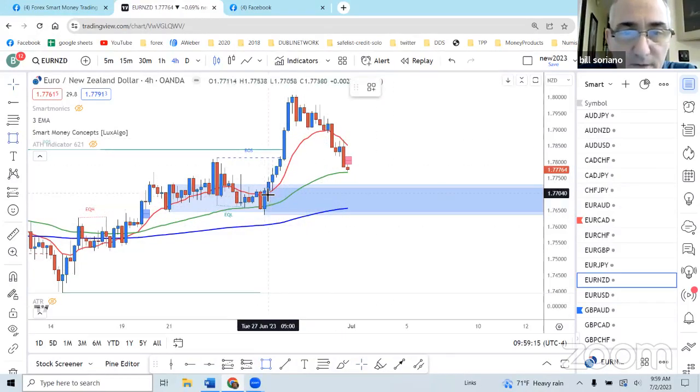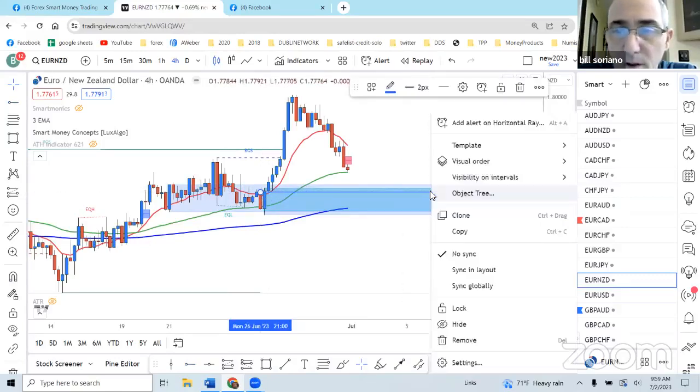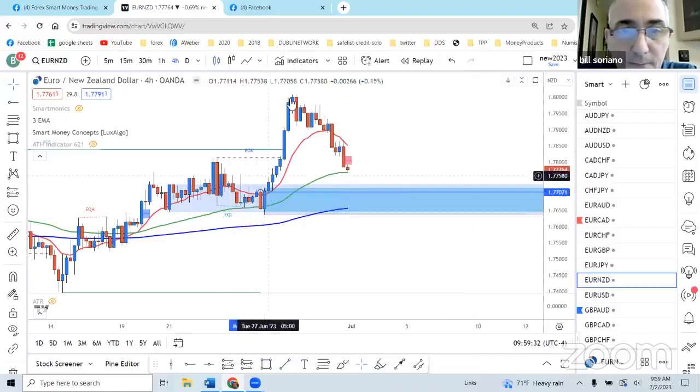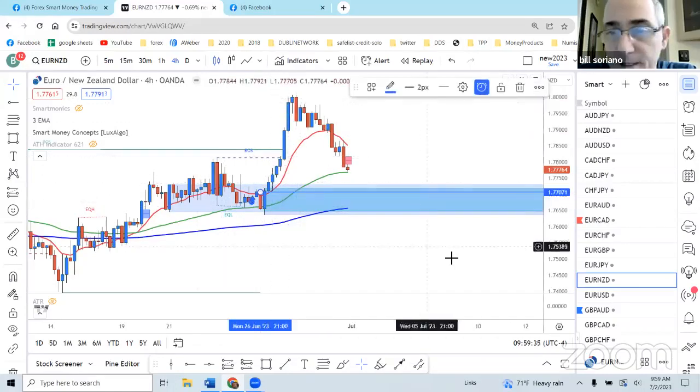So this is obviously going to be a good zone to trade from. And we will put our point of interest right at the open of that banker candle, which is the red candle, which is the last down candle before the move up that breaks structure and creates imbalance.